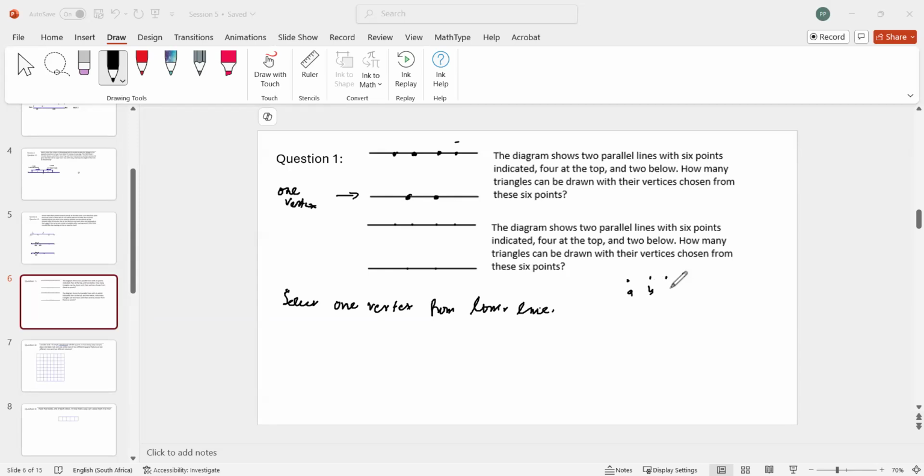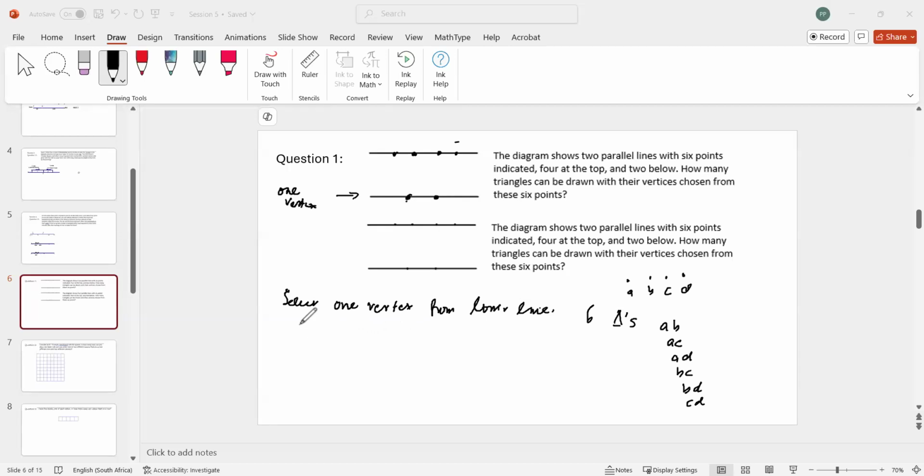If you name these points A, B, C, D, you can choose it as AB or AC or AD, or you can choose it as BC, BD. I think we've done similar things like this before. Or you could have CD. Right? So there are 6 ways in which you can draw triangles. So there are 6 triangles with this as vertex.